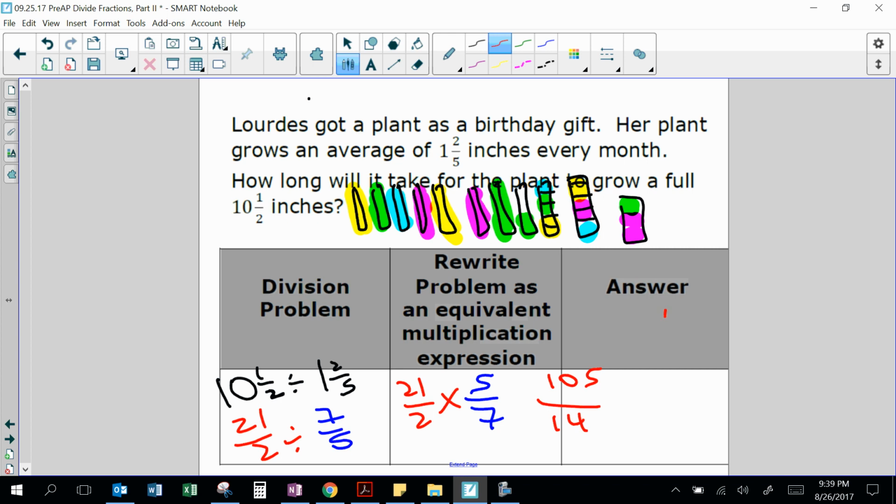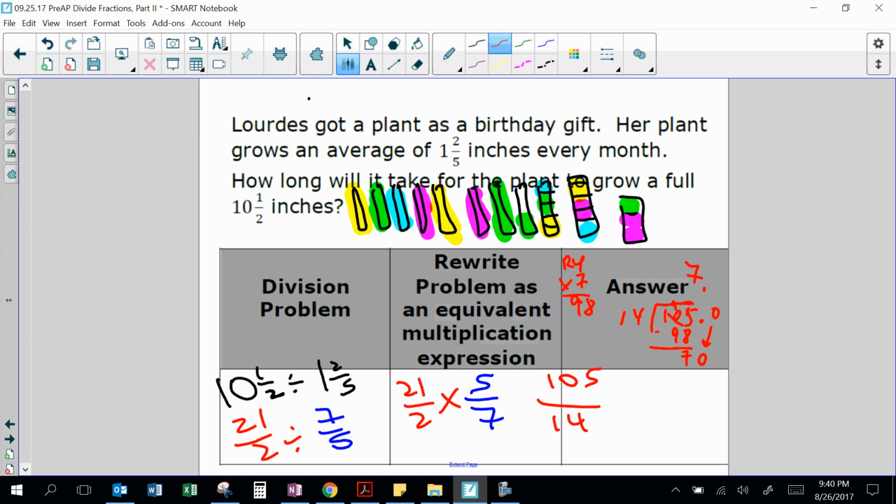How many groups of 14 go into 105? Well, in our model, we said about 7 times. Let's see if that is a good choice. 14 groups of 7 is 98. If you subtract this, that's 7 remainder. How can I get rid of this remainder? Annex a 0. Bring it down.